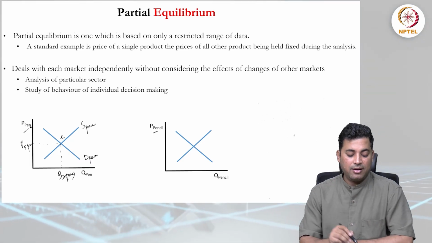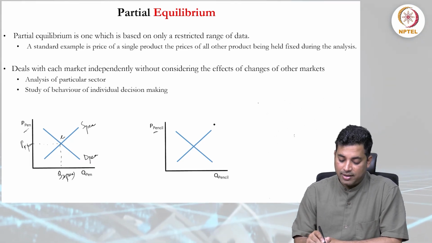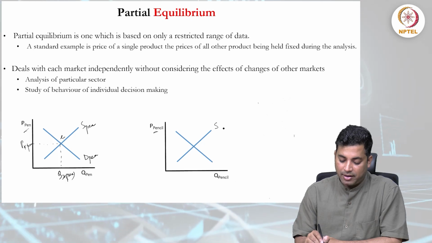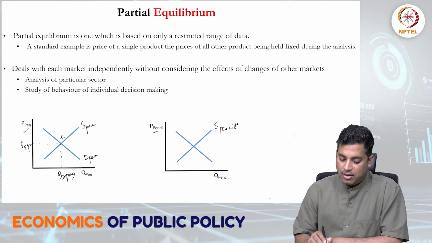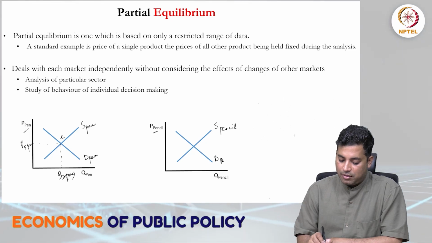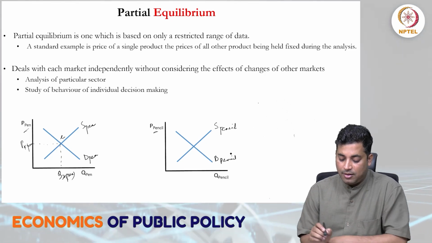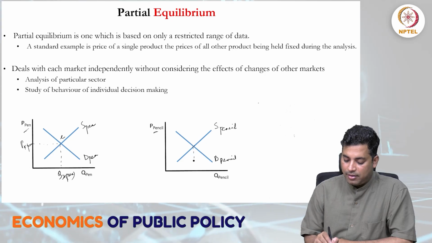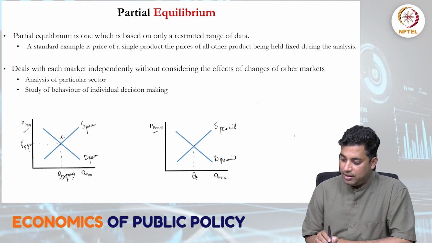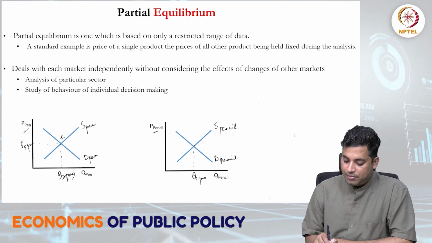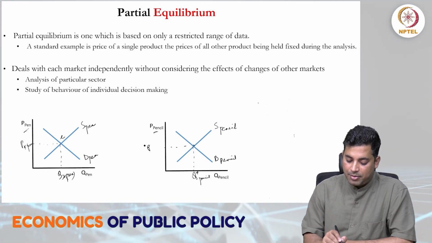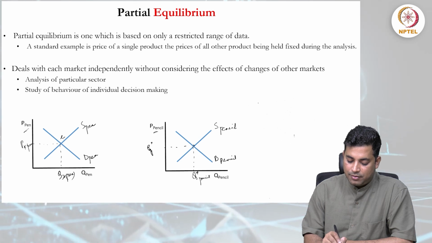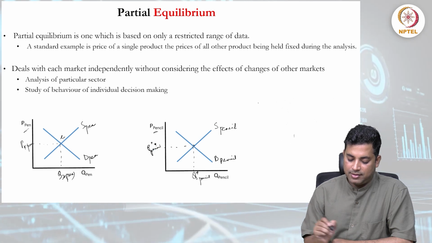Likewise here, say, the supply curve for pencil and here the demand curve for pencil, and here likewise the optimum level of quantity for pencil and the optimum level of price for the pencil.